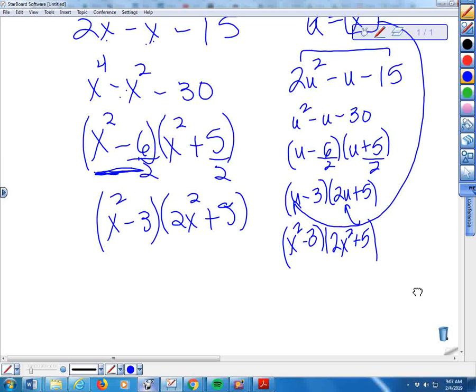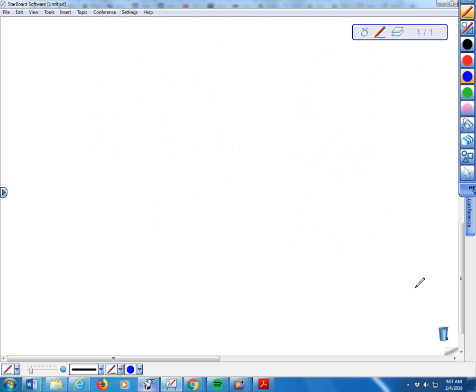Okay, let's try a difference of squares. Minus 16. The u substitution. Okay, if I wanted to make this a difference of 2 squares, what squared is x to the 6th?